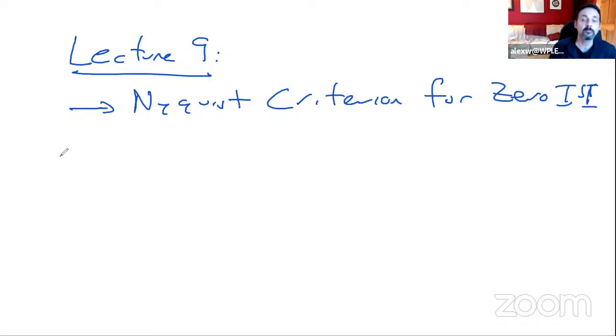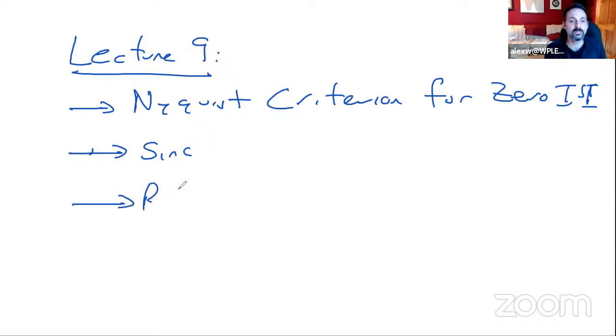In the frequency domain, the periodic replicas of H_E of f, the frequency response, need to sum up as you go from minus infinity to infinity. It's got to be a constant. Then we saw how sinc pulses achieve that but are impractical, and how raised cosine pulses are great.